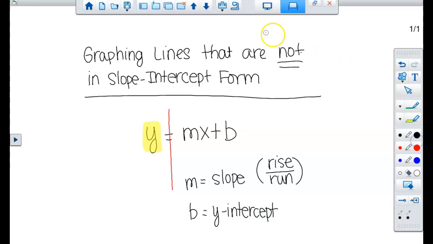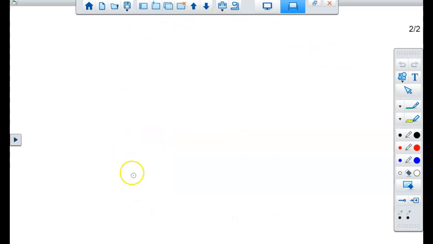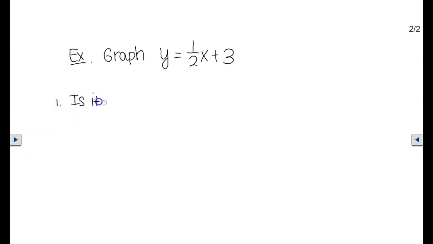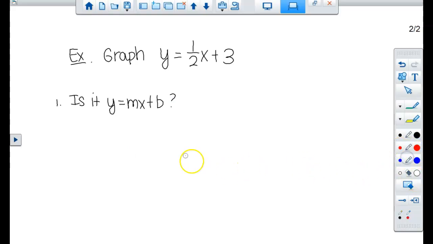Now, if I were to ask you to graph y equals 1/2 x plus 3, the first thing I should do is ask myself, is this line y equals mx plus b?